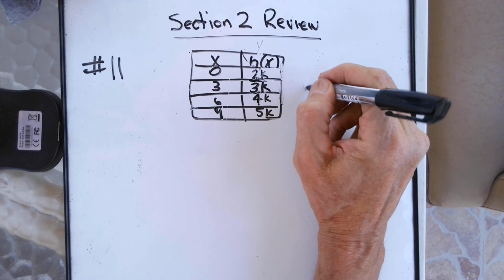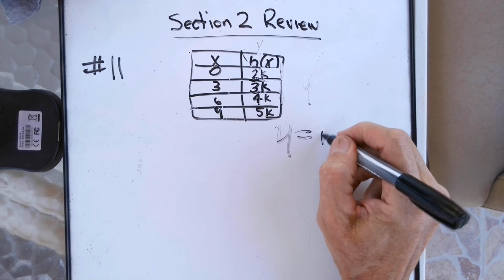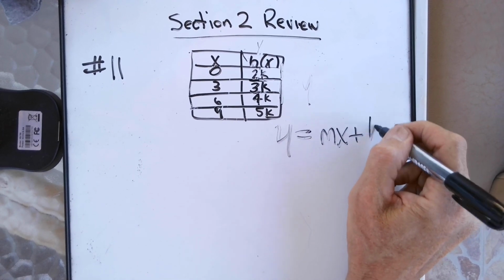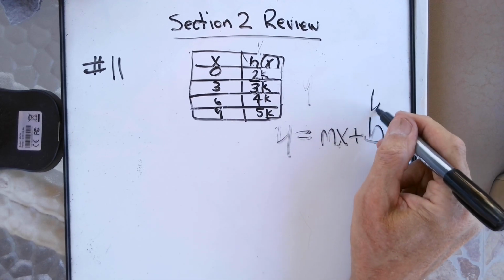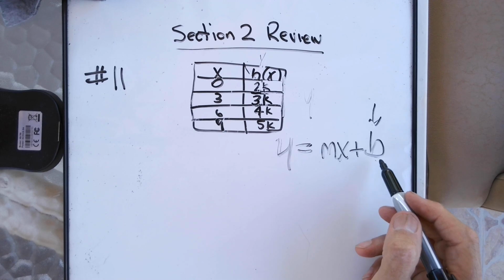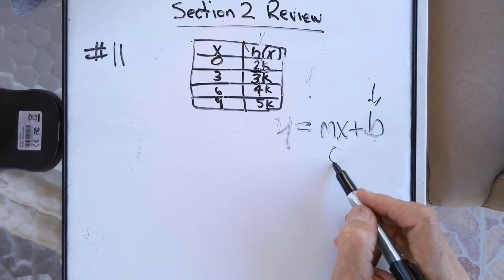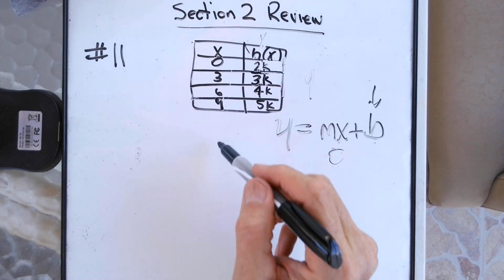Remember, the equation of a line is y equals mx plus b. This b is the intercept, and we can figure out what the intercept is if we plug in 0 for x. So scan your table real quick.